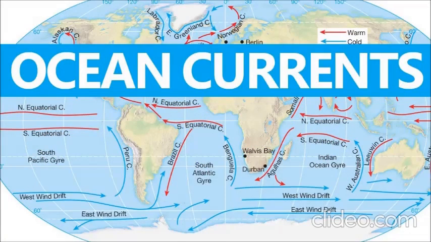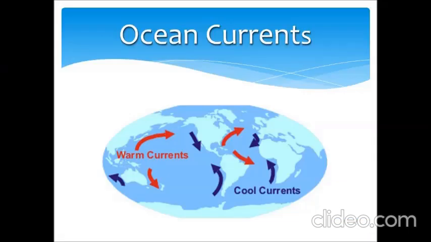The ocean current is the general movement of a mass of water in a fairly defined direction over a great distance. Ocean currents are classified based on temperature as cold currents and warm currents. The warm currents flow towards the poles and cold currents flow towards the equator.